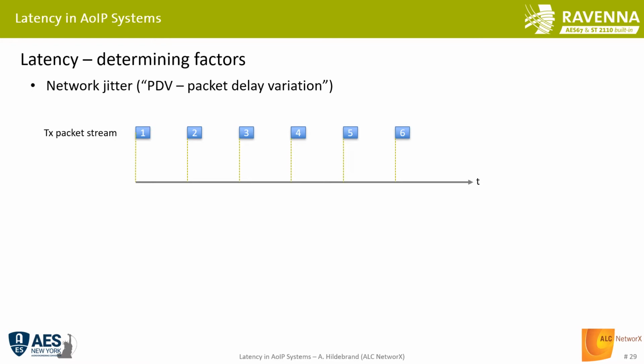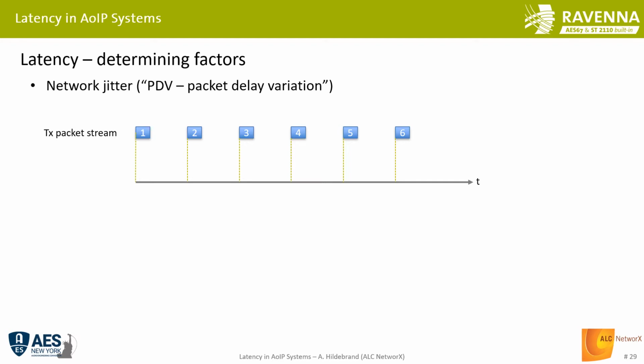Because it takes 1 millisecond to gather all the 48 samples at 48 kilohertz. Once it has that ready, it assembles the packet, sends it out, and then there's another millisecond of wait time until the next 48 samples are there. So we have about a 1 millisecond transmit pace on the sender side.